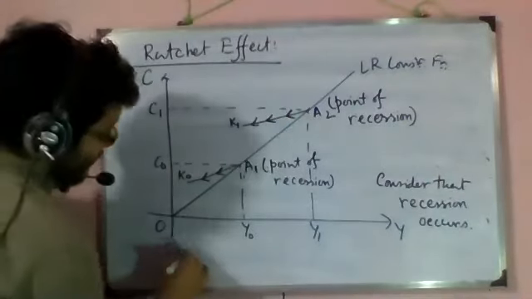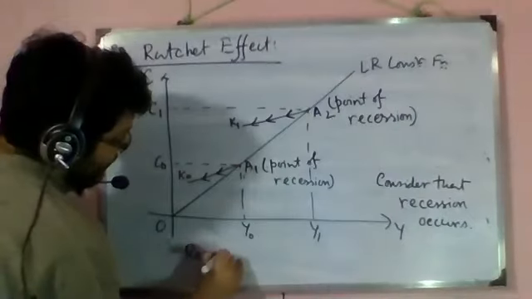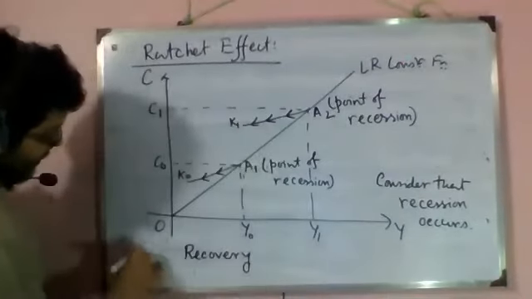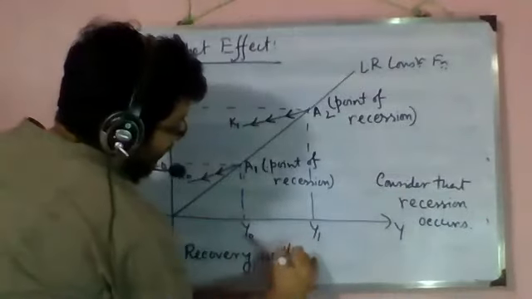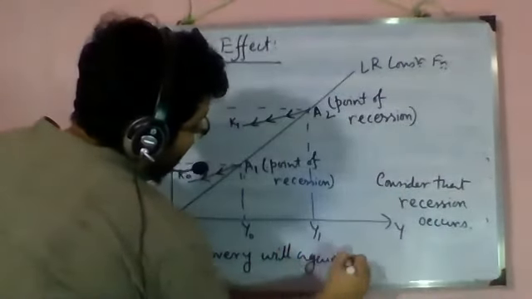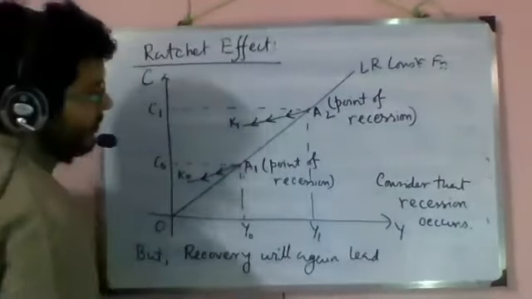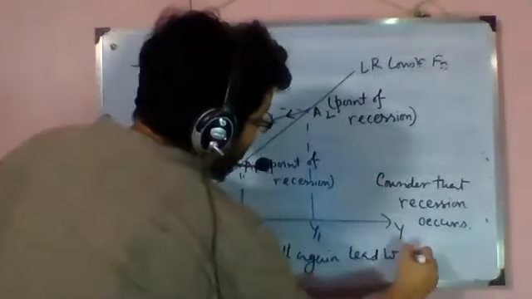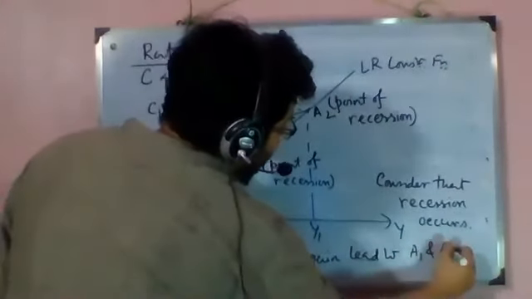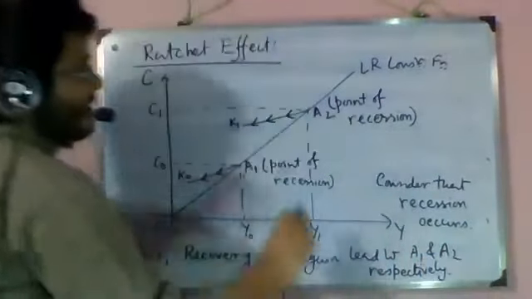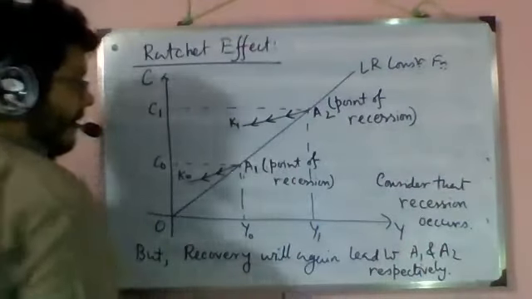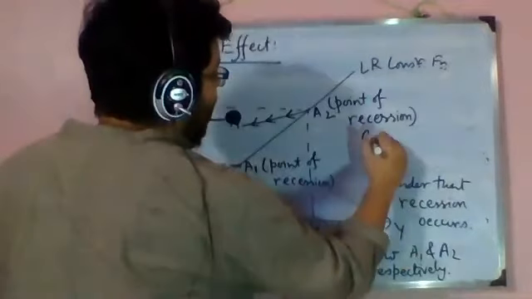And recovery, but recovery will again lead to A1 and A2 respectively. So let me write the lines in the middle. So recession occurs, right?